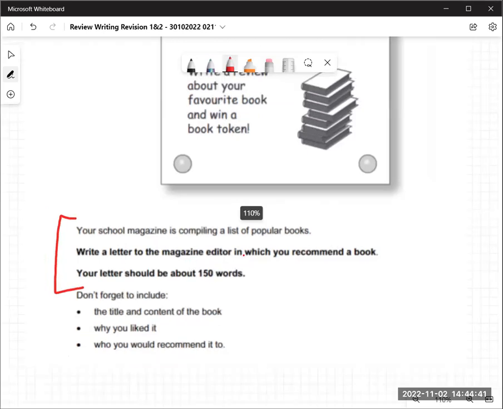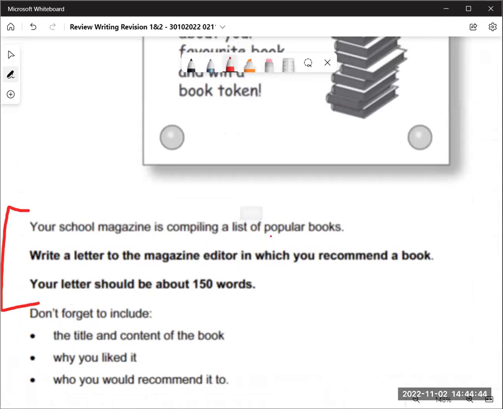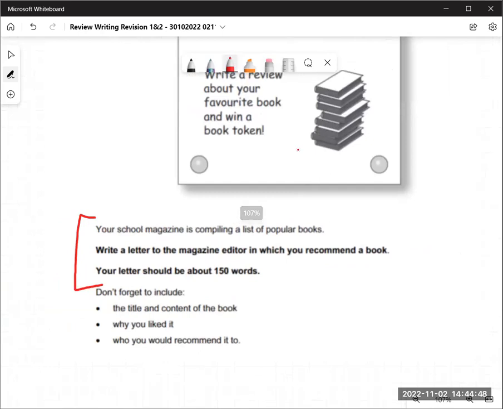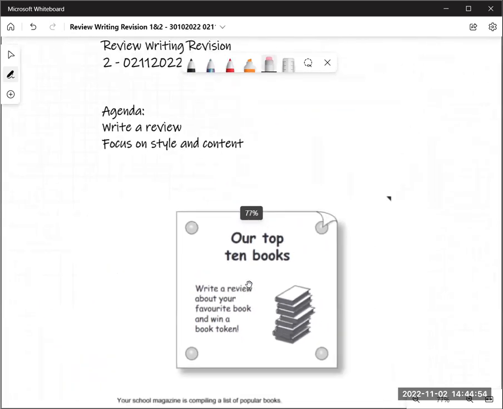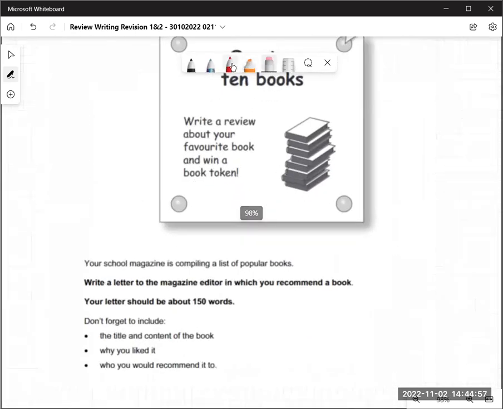Guys, continue. They're compiling a list of popular books. You have a popular book, which a lot of people like. Now they're asking you, what is your popular book? What would you recommend? Let's look at the question first. The question is a review. It's a letter.